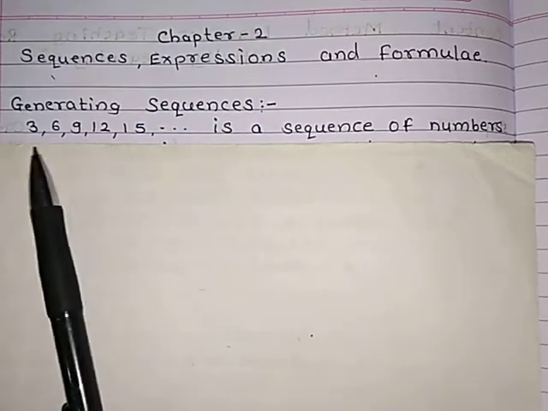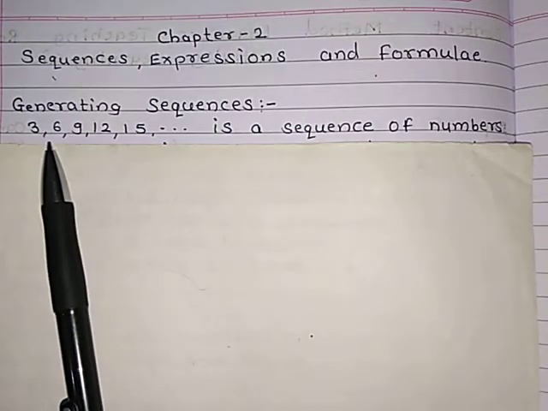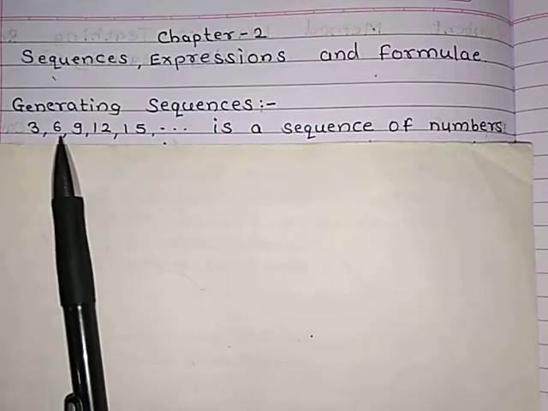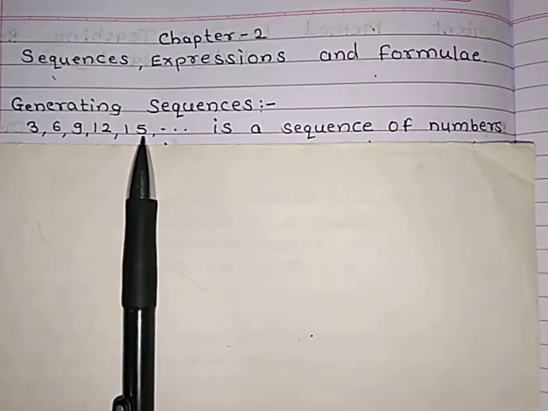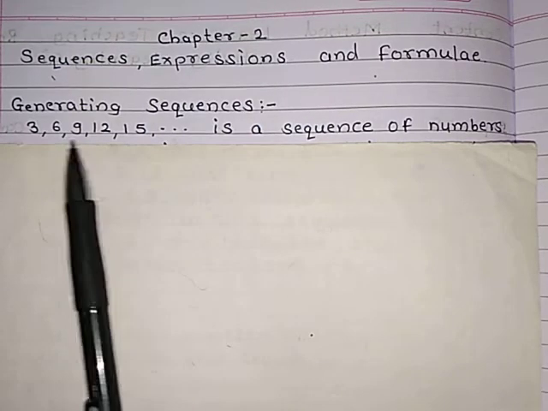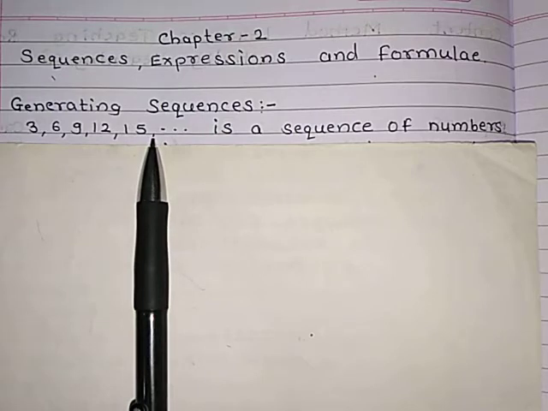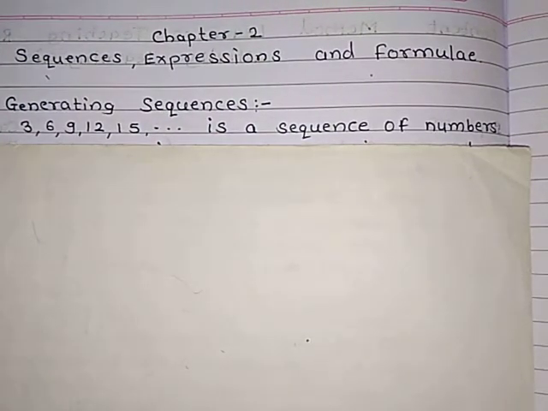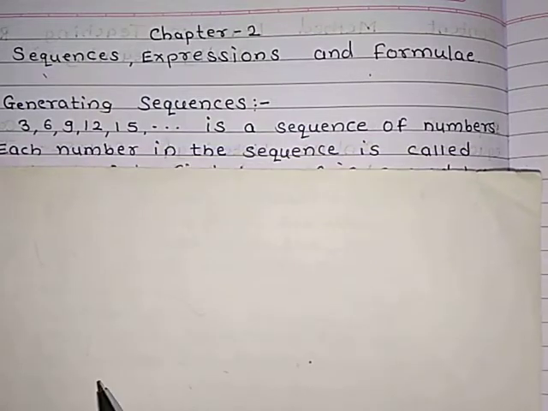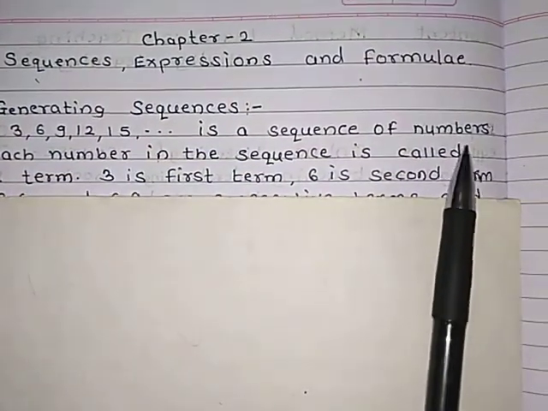Now there is a certain relation between the numbers: first and second, second and third, third and fourth, fourth and fifth and so on. So this is called a sequence. 3, 6, 9, 12, 15 is a sequence of numbers.